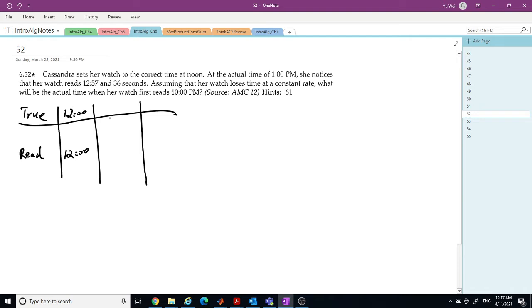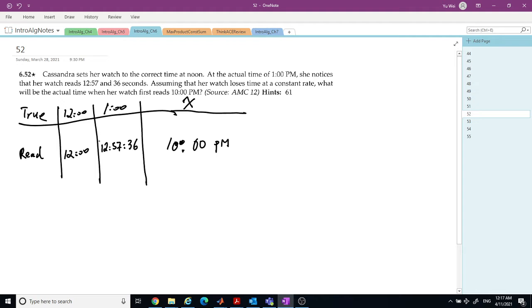Then at 1 p.m., she noticed that the watch reads 12:57:36. So the question is asking, if here is 10 p.m., what is X?